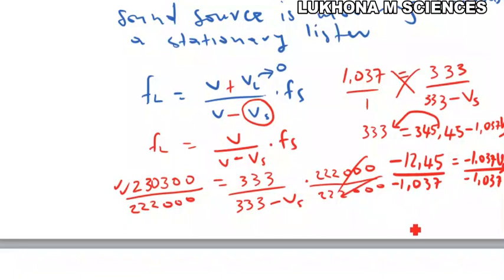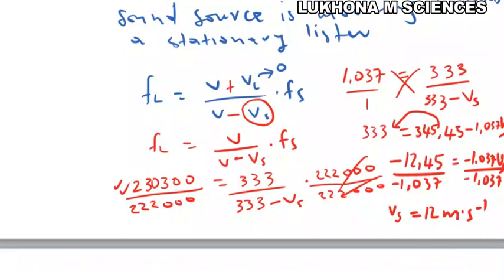Then the answer, that is the velocity of sound source, will be equal to 12 meters per second. Then we're done with this question.